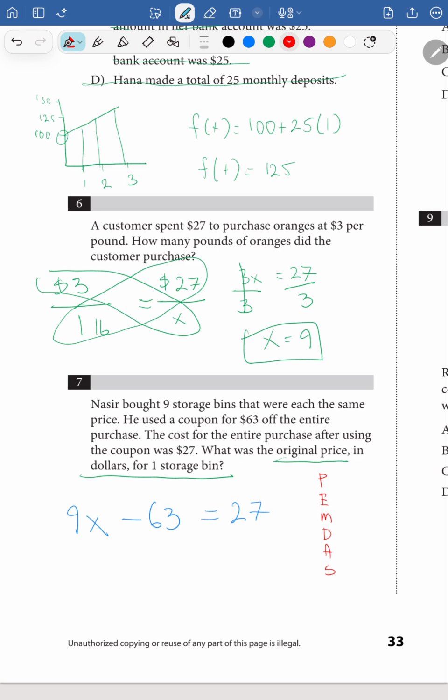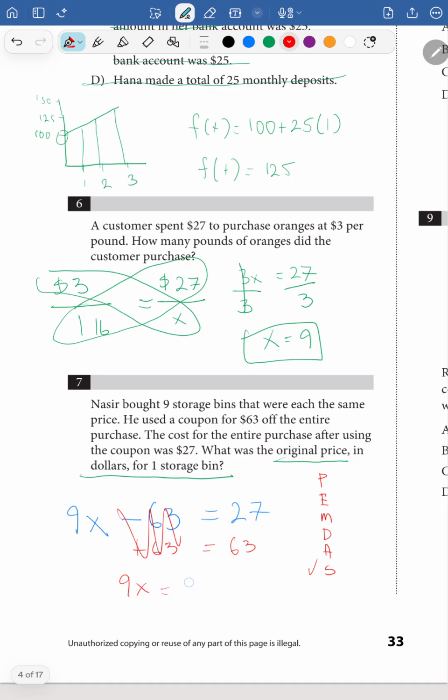So we look at subtraction. Is there subtraction here? We immediately see that there is. So we would do the reverse of that subtraction, which is addition. We're going to add 63 on this side, and whatever we do to one side, we have to do to the other. So we add 63. This cancels out the 63s. You get 9x is equal to 90.